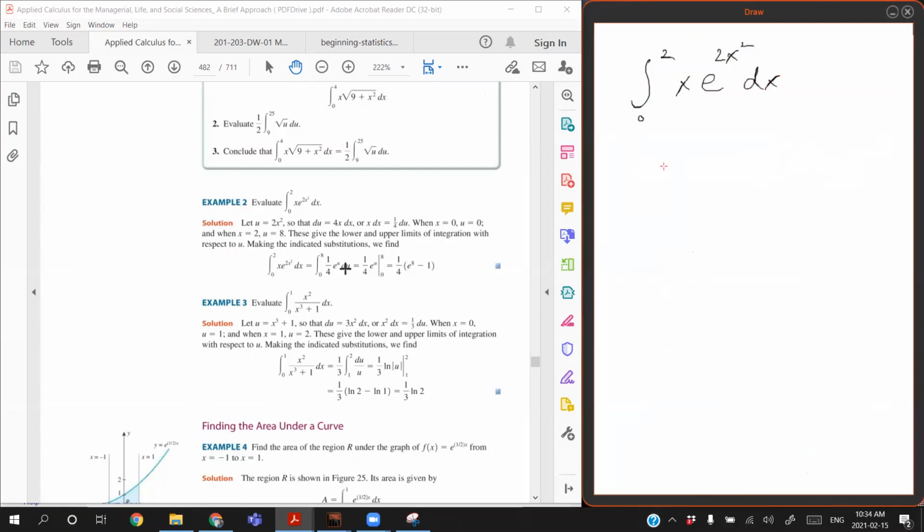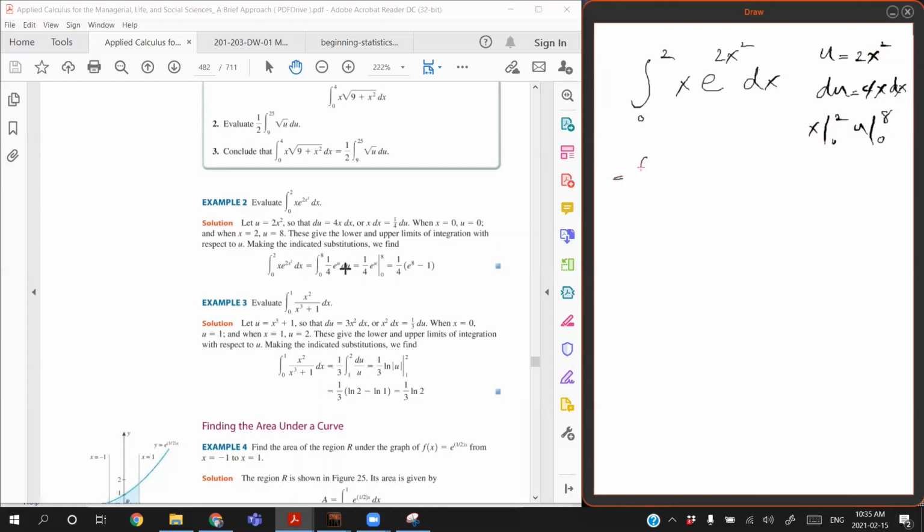Okay, for this one I will have to take u to be 2x squared, then du will be 4x dx, and when x changes from 0 to 2, u would change from 0 to, if I plug in 2 into this, I get 8. 2 to the power of 2 is 4, 4 times 2 is 8.